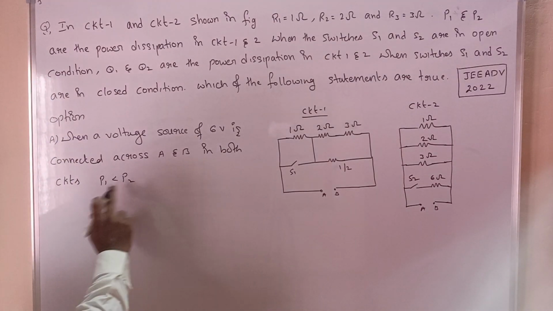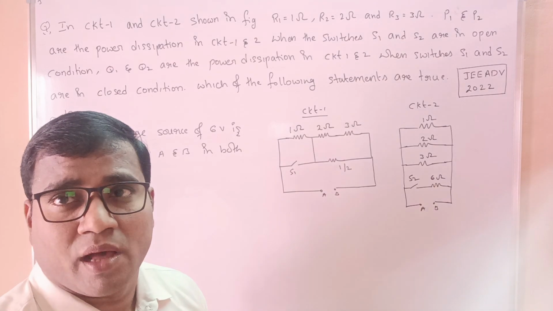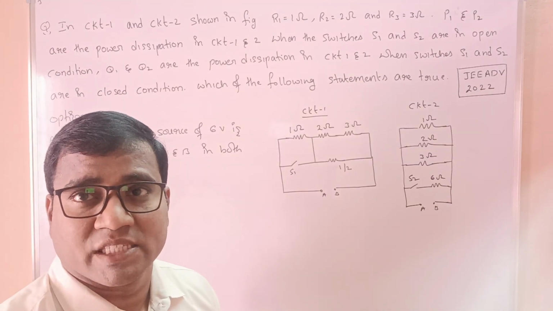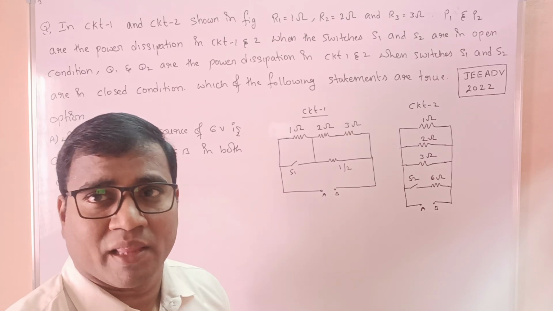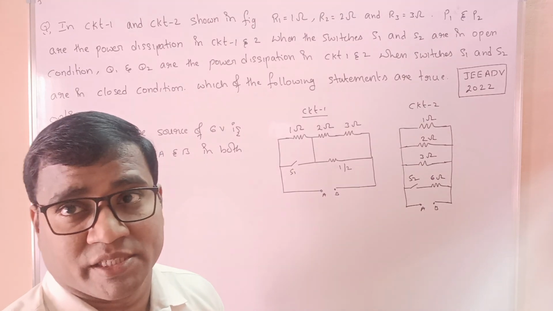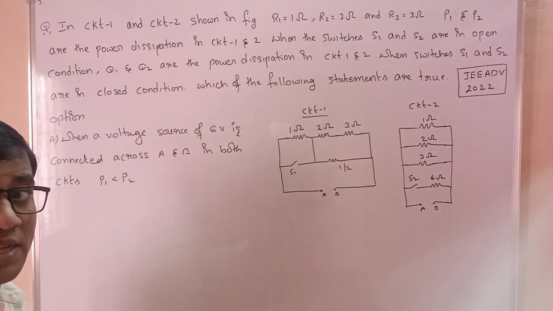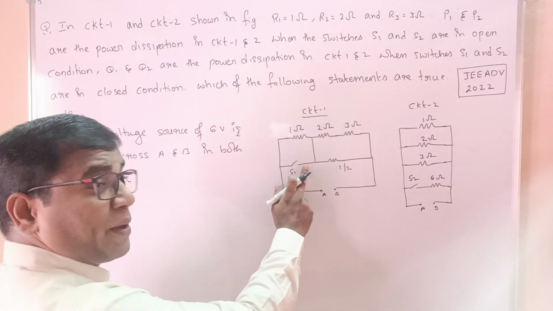We know P1, P2 are the powers when S1 and S2 are in open condition, and Q1, Q2 are the powers when S1 and S2 are in closed condition. Here they are asking P1, P2, so these two switches are in open condition.